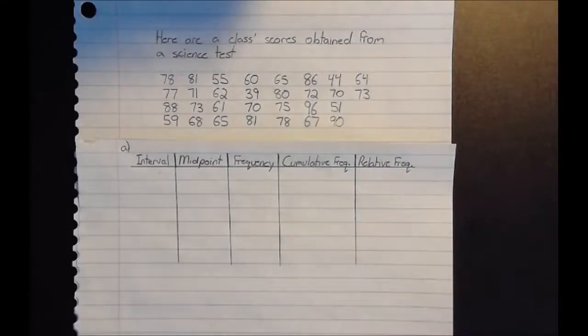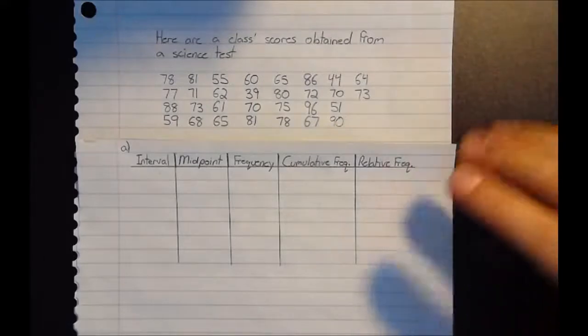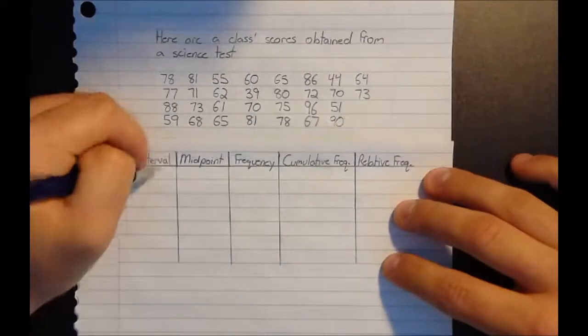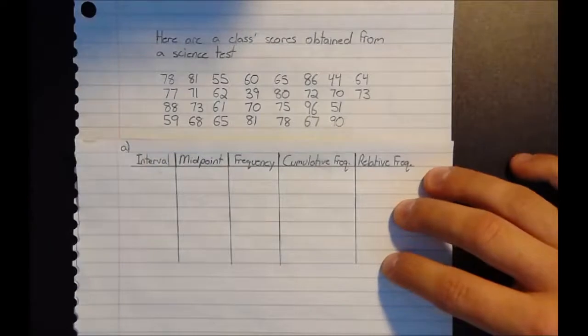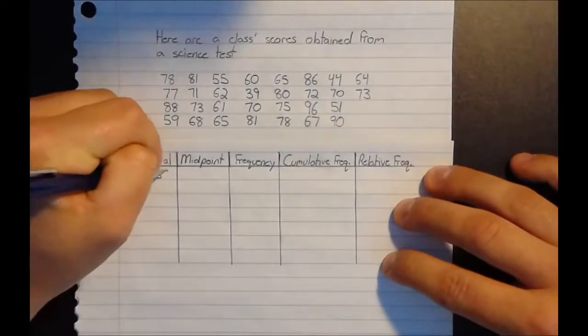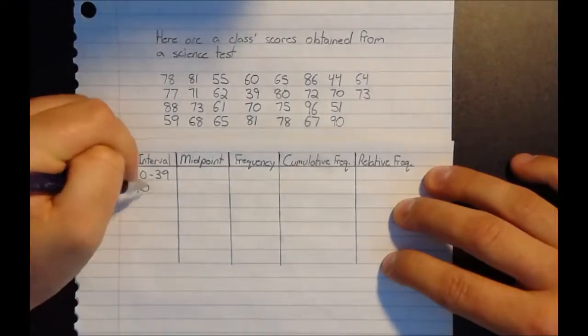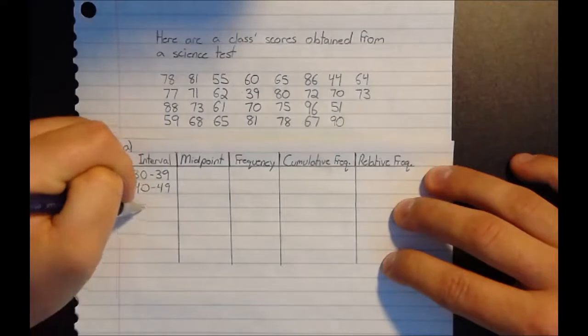Usually for intervals, I like to work with the tens columns. So starting at 39 as my lowest one, I need to have an interval for the 30s. So from 30 to 39. And I'm going to continue that on up until I get to the 90s.